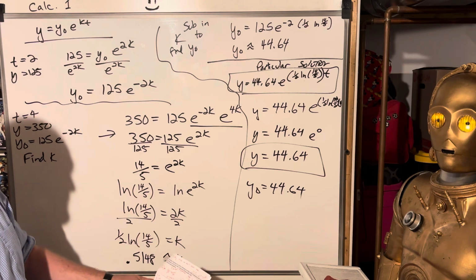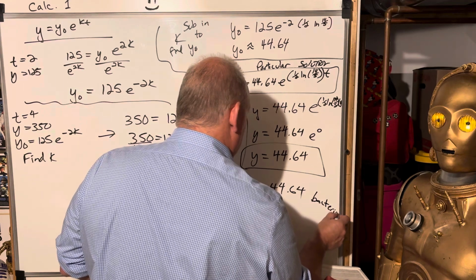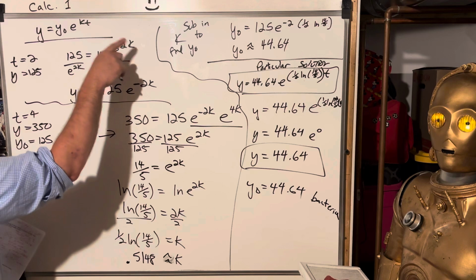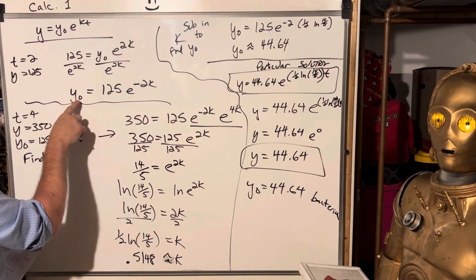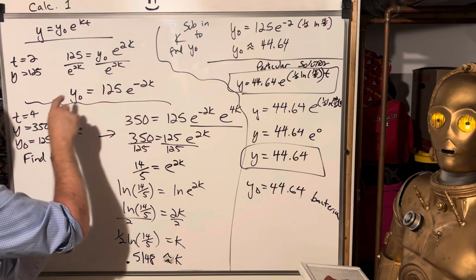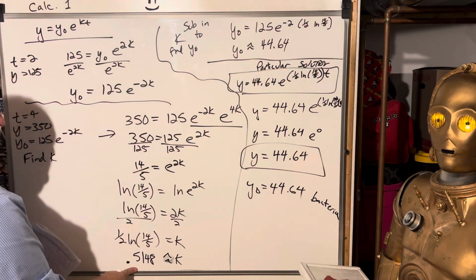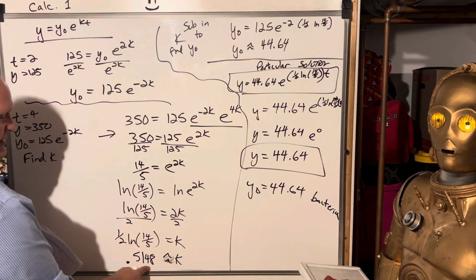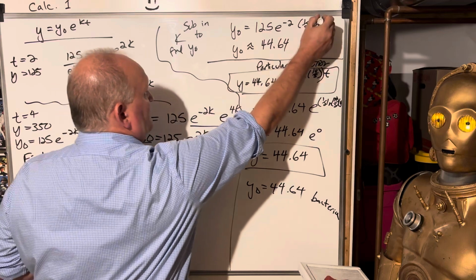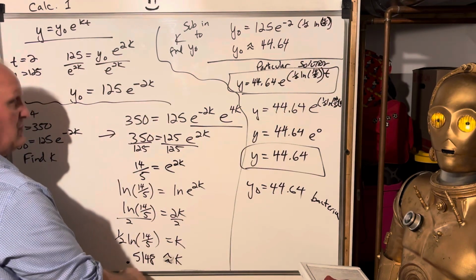All right, bacteria. But that was a little tougher because they didn't give us the initial. So we had to first sub those in, solve that out with a variable in it, and then put that into this to find our k constant. And then we left it 1/2 ln 14/5 because we didn't want round off error.